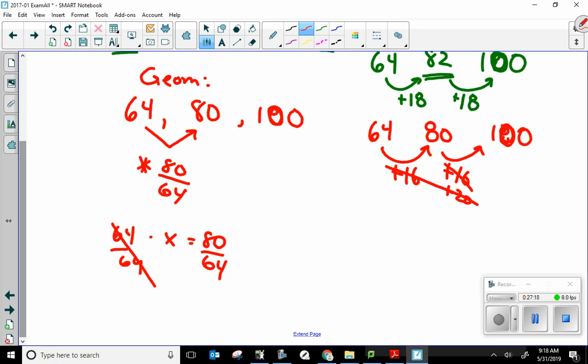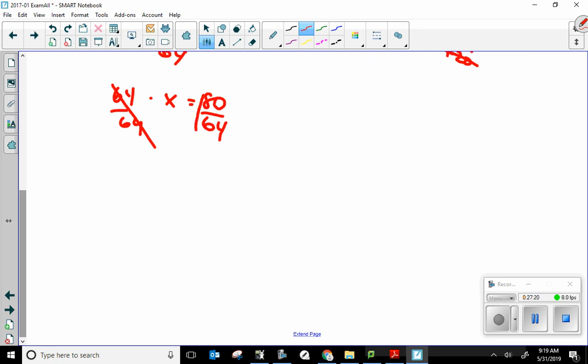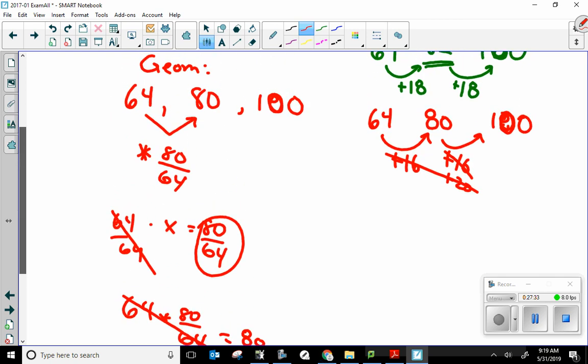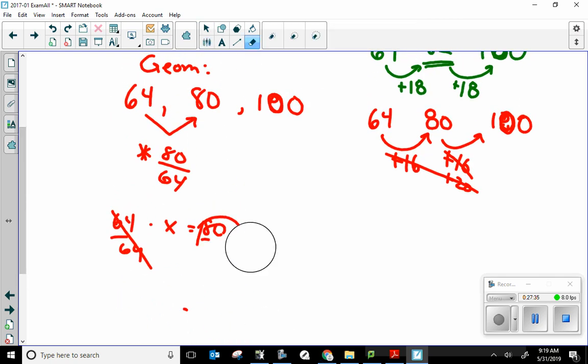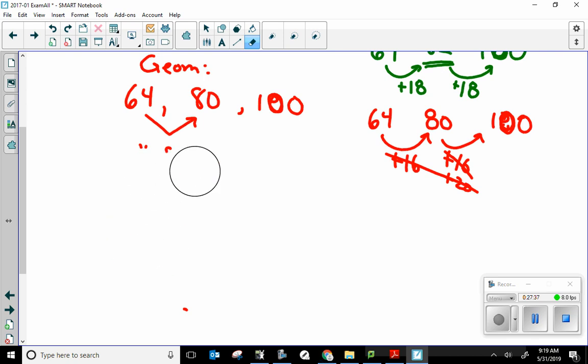Again, I'll show you one more. How do I know this is the answer? If I have 64 and I multiply by 80 over 64, what do I get? Well, the 64s cancel. I get my 80. That's how I know I multiply 64 by 80 over 64.